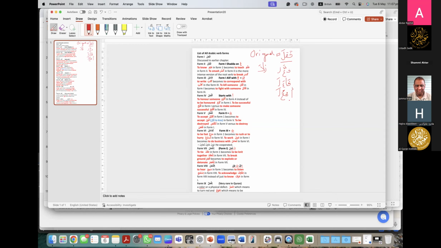Now, listen to this very carefully. From 1 to 10, nowhere in any of these verbs does the hamza appear. Only form 4 has got Hamza.